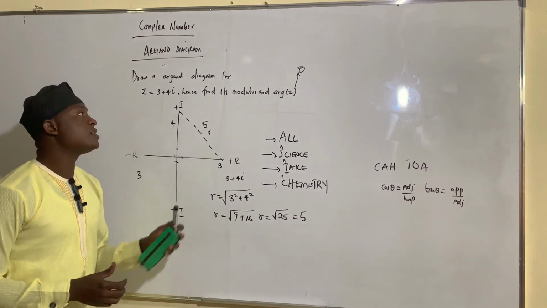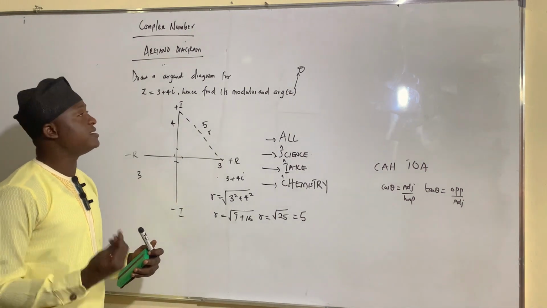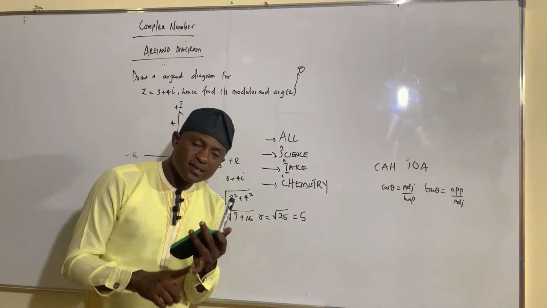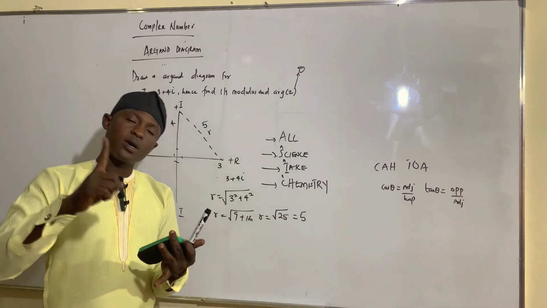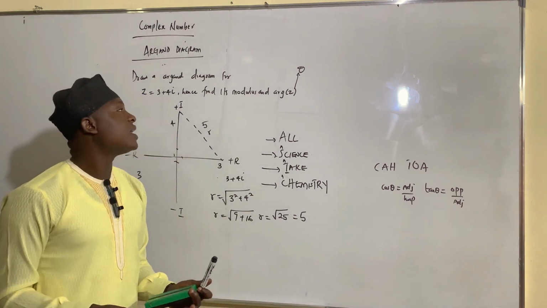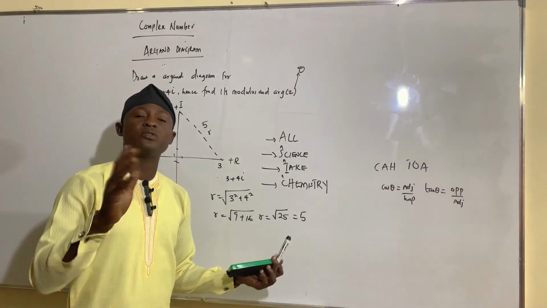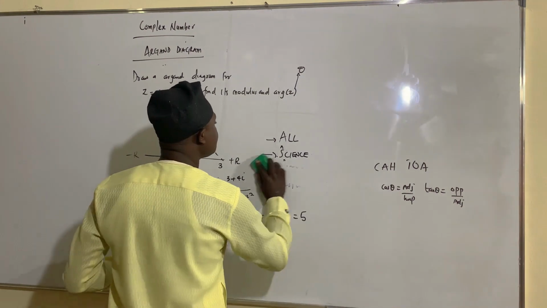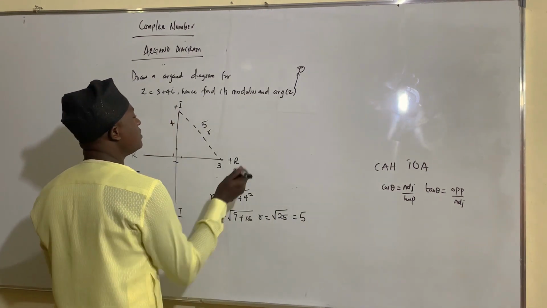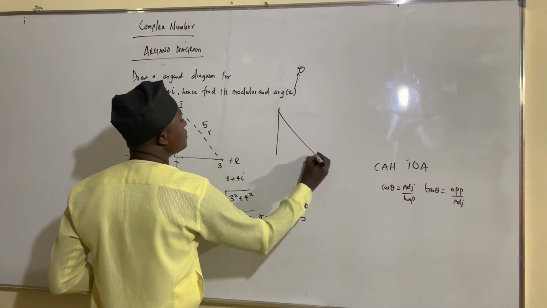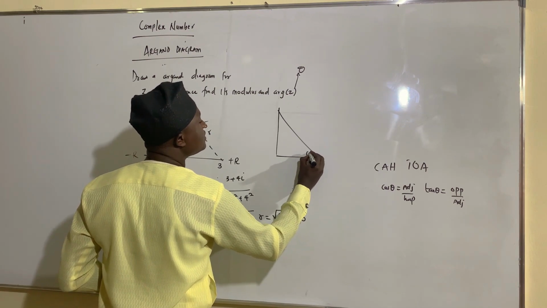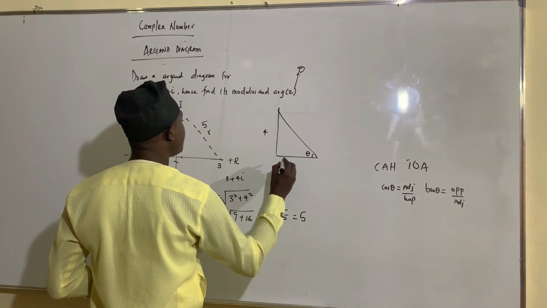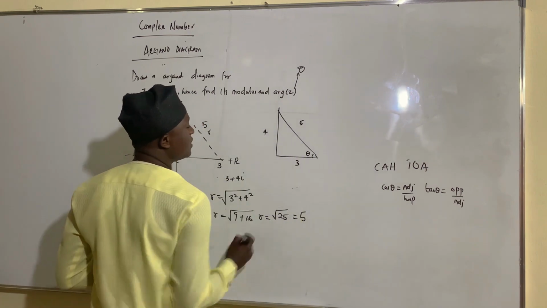So let me show you how to find the argument. I told you the argument implies z. You can use sine, cos, or tan. I will use all three so that you can press the calculator and confirm the results are the same. Now, if I bring out the shape, it looks like a right-angled triangle. We have theta here, 4 here, 3 here, and 5 here.